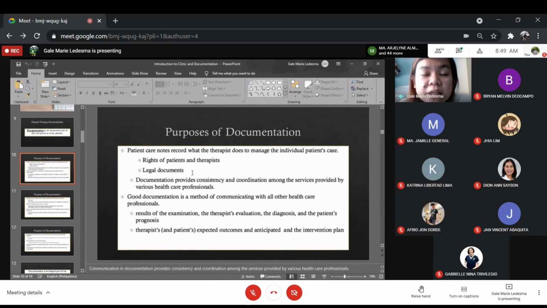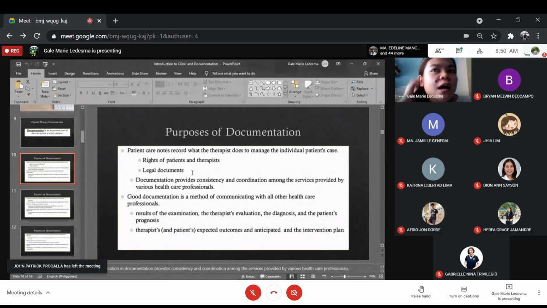And I know that some of you here will also become physicians, no? So this is a very serious and very legal thing to dwell on. It's considered to be a legal document.